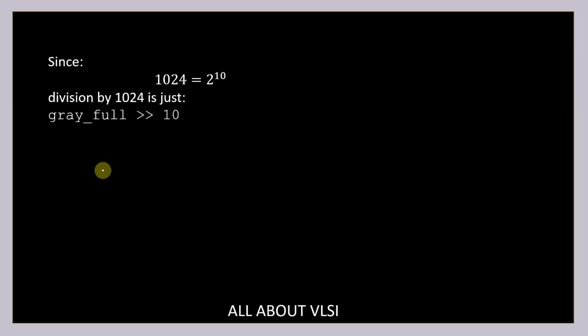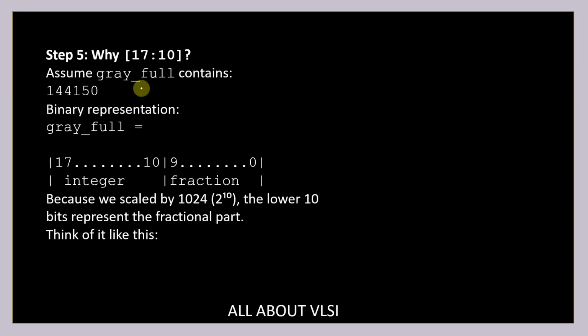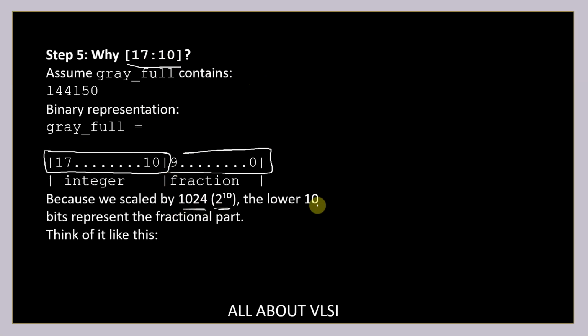Now, instead of actually dividing, I can basically right shift by 10. This I've already shown. Instead of that, we can consider the bits from 17 down to 10, where 17 down to 10 represents the actual integer part and 9 down to 0 represents my fractional part. Because we scaled this value by 2 power 10 or 1024, the lower 10 bits represent the fractional part.